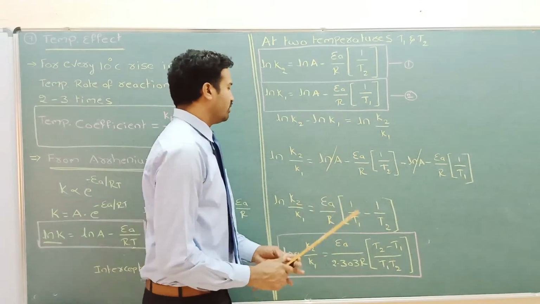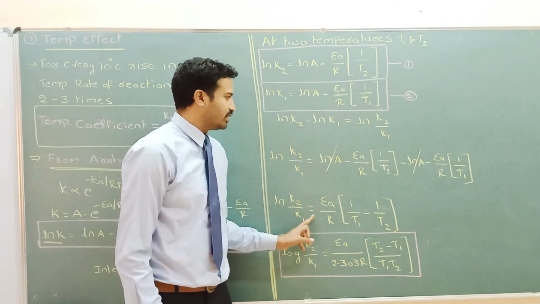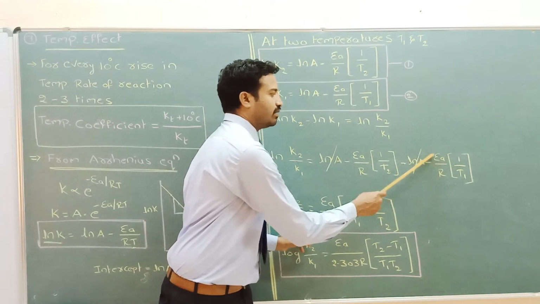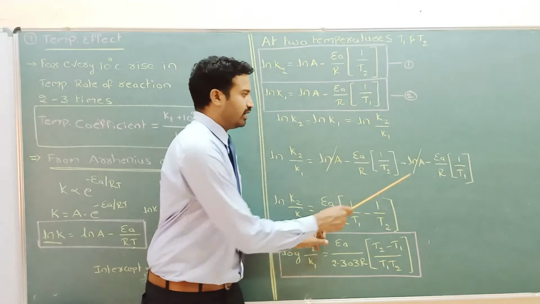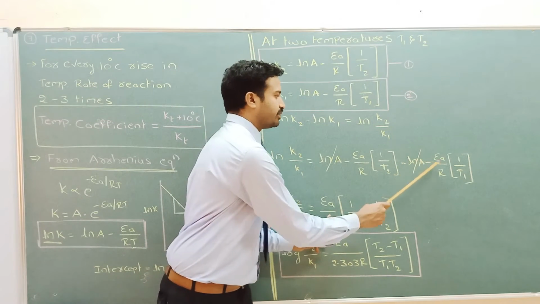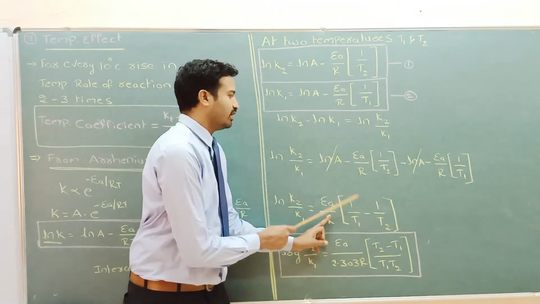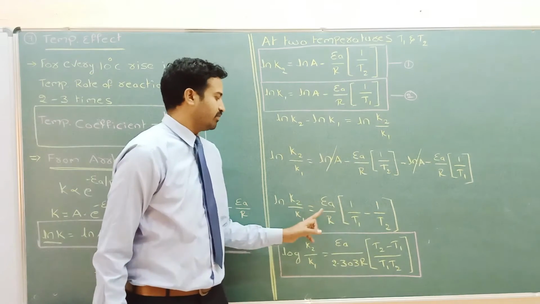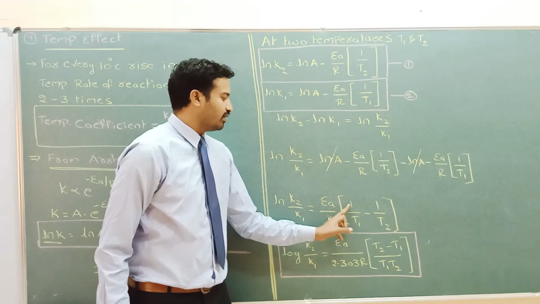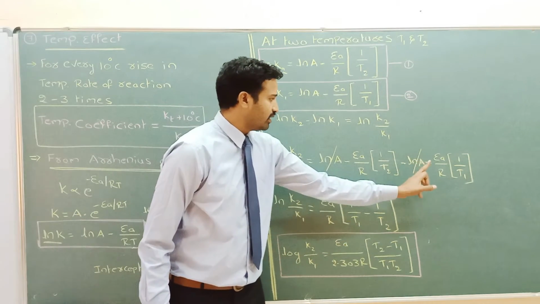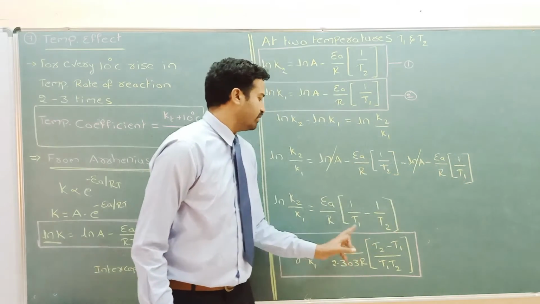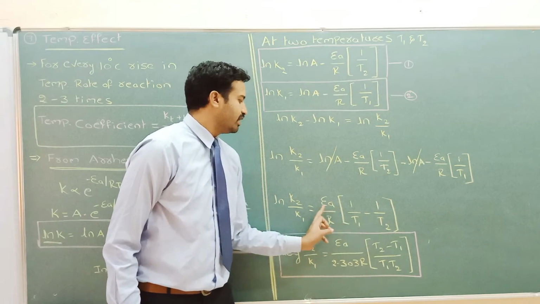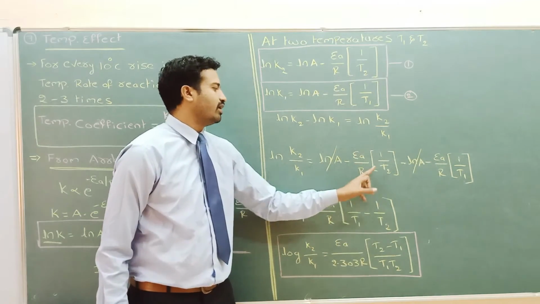So we can write ln K2 by K1 is equal to Ea by R, which is common, times plus 1 by T1 minus 1 by T2.